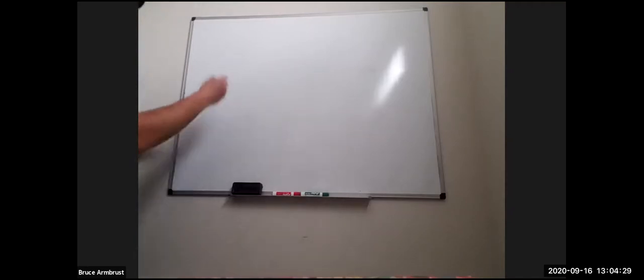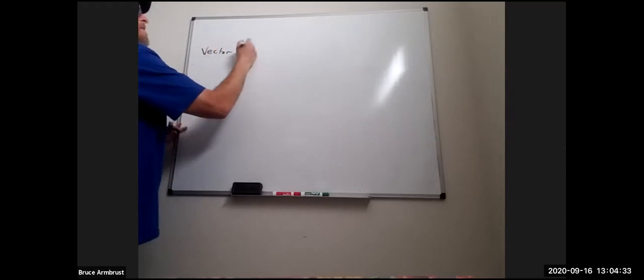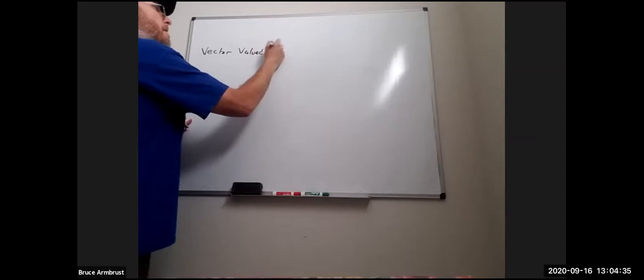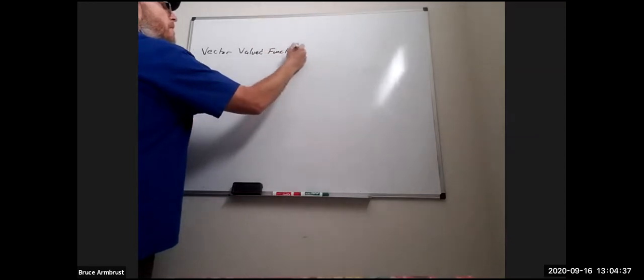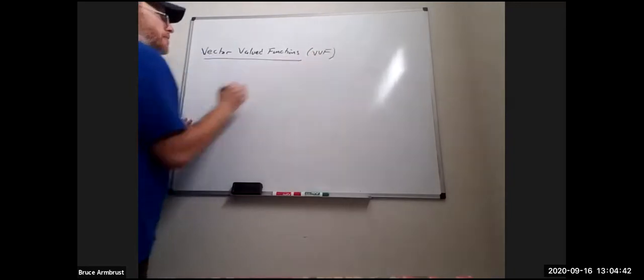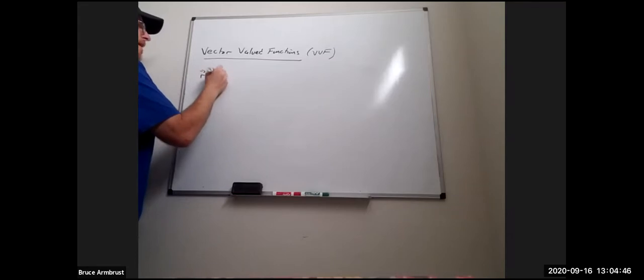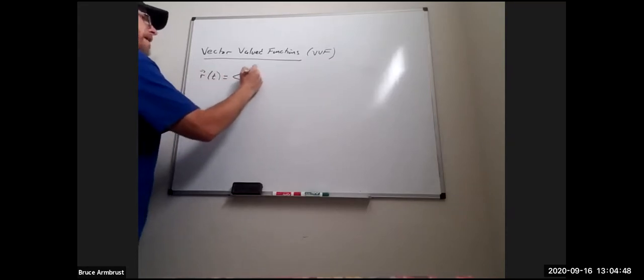Last time we talked about vector valued functions. So let me bring those back up here. Remember, I'm going to write them as VVF for short. They are just functions where we plug in a t and we get out a vector.